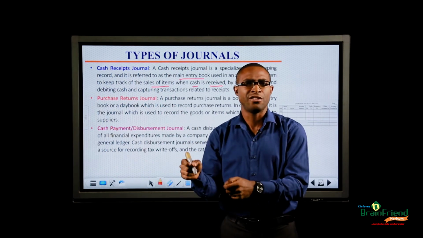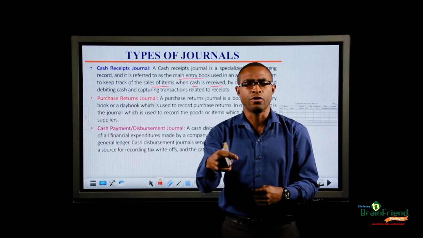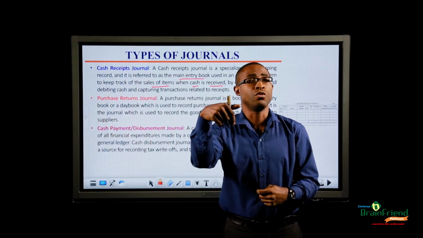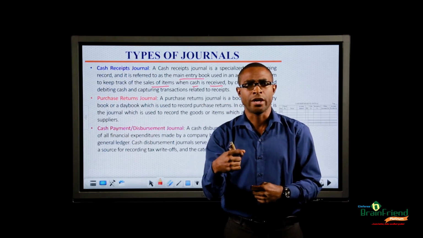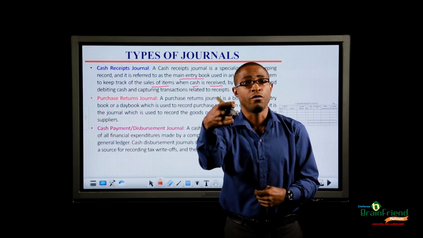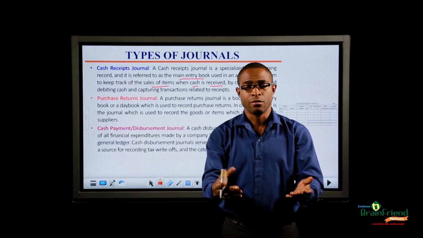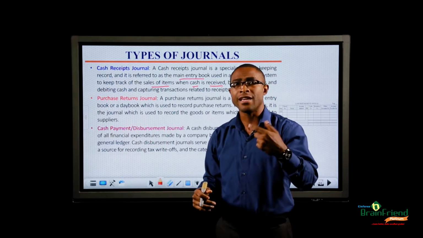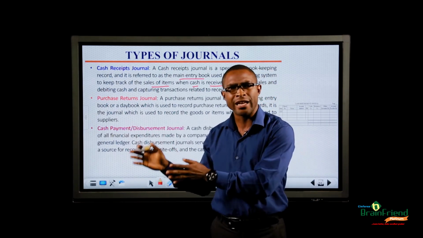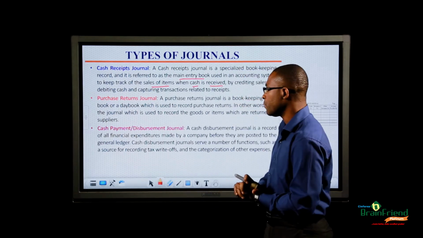So the cash receipts journal is like a proof. You're giving it to the person who came to buy something that, okay, this is a proof of what you paid for and the items you collected. But then the duplicates also serve a purpose for other accounting purposes.